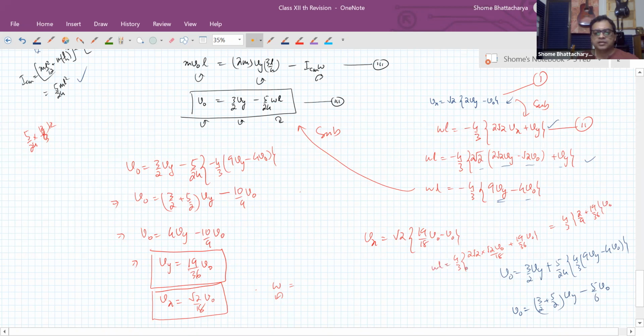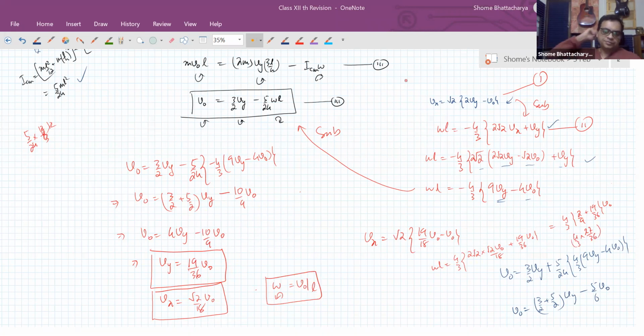That is my omega L. 7 by 36. Oh, so interestingly, this is coming V naught by L. So omega is coming V naught by L only, is it? Okay, very good.